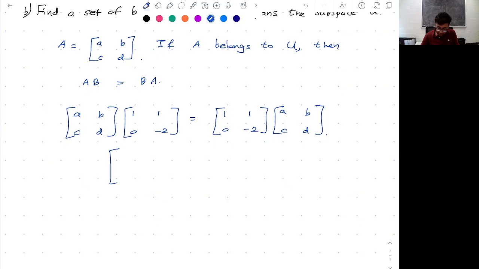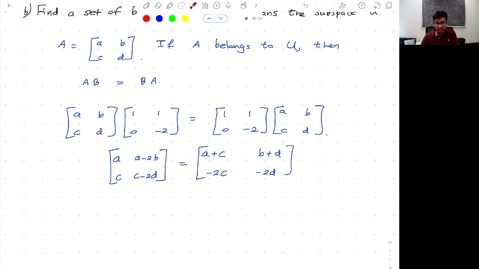If I evaluate the matrix product in my left hand side, I would get A and C, and I would get A minus 2B and C minus 2D. I would get A plus C, and I would get B plus D, and I will get minus 2C, and I would get minus 2D.